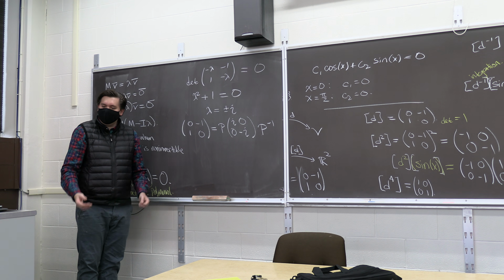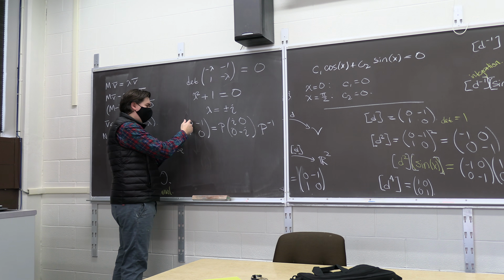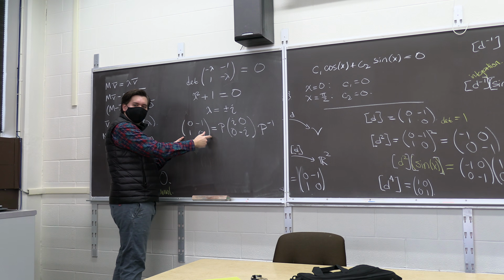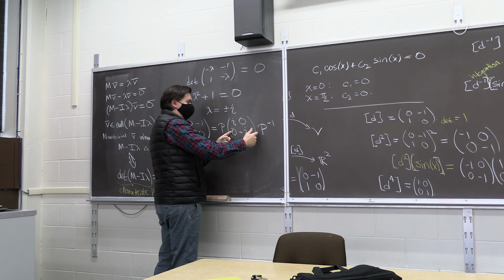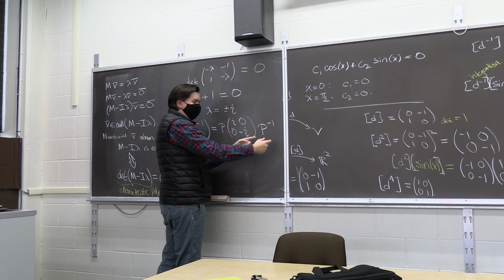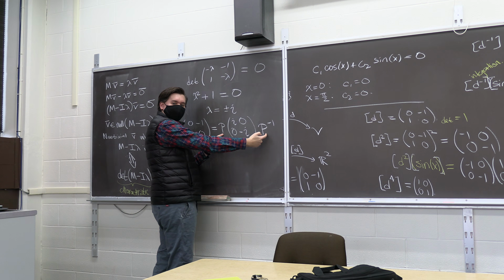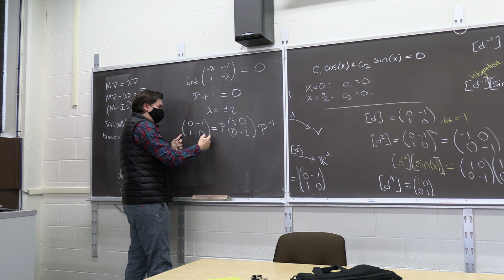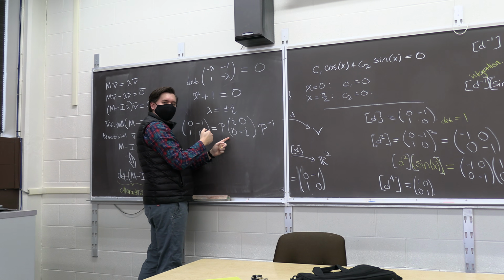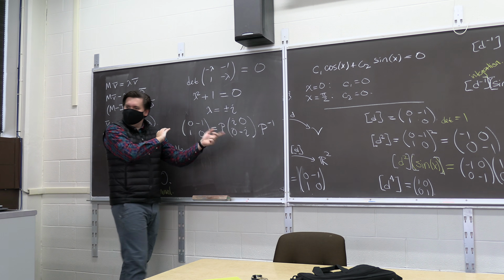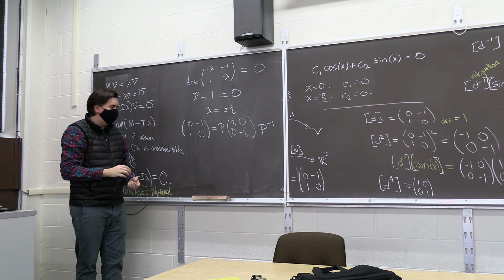Quick sanity check. The determinant of the guy on the left is 0 minus minus 1, it's 1. The determinant here is the determinant of P times the determinant of the diagonal matrix times the determinant of P inverse. The determinant of P inverse is 1 over the determinant of P, so those determinants will cancel. So the determinant of him should be the same as the determinant of the diagonal matrix. And what's the determinant of the diagonal matrix? 1. So at least we haven't done anything too egregiously wrong.